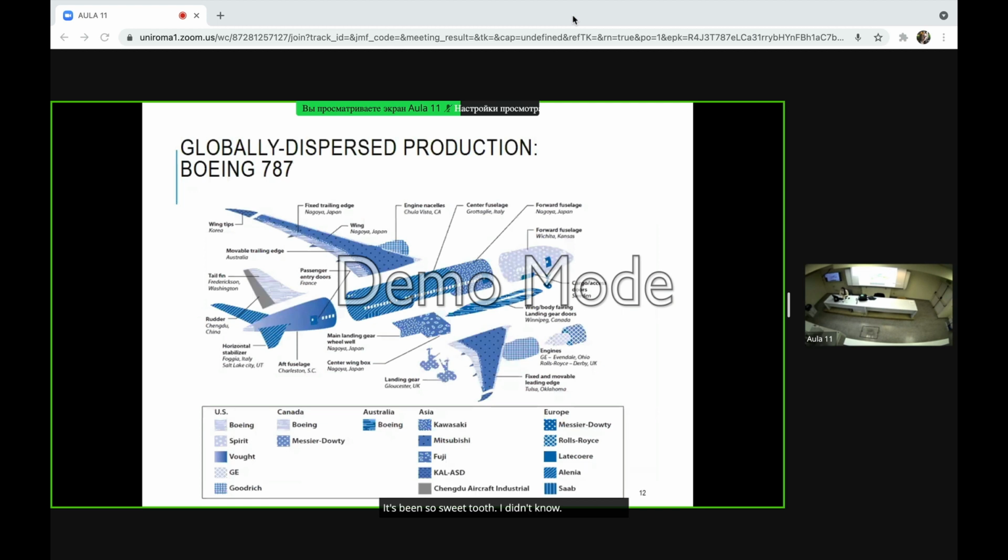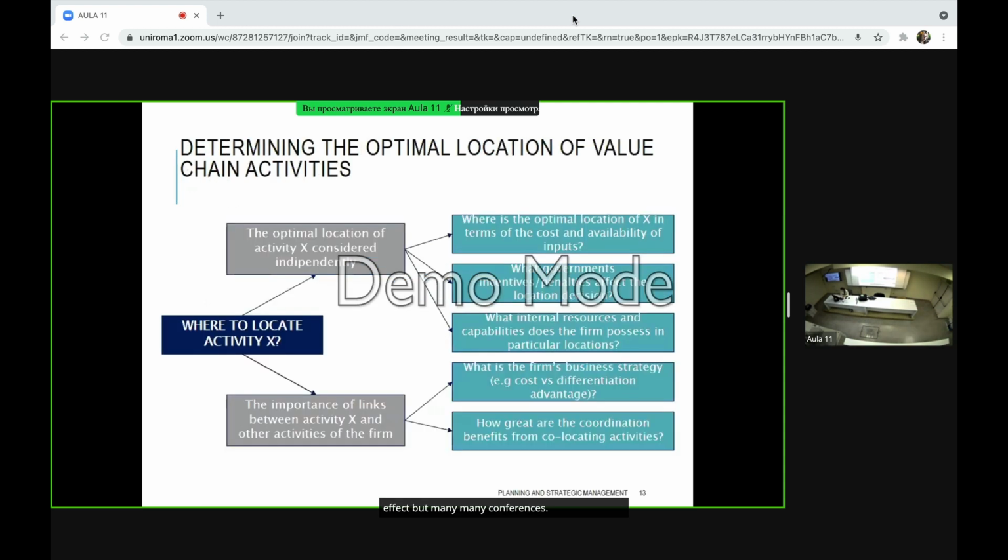The same for the Boeing 787. This is a very interesting case because we have many components. In synthesis, when an industry has to decide where to locate production, it can take into consideration only one activity independently from the others.